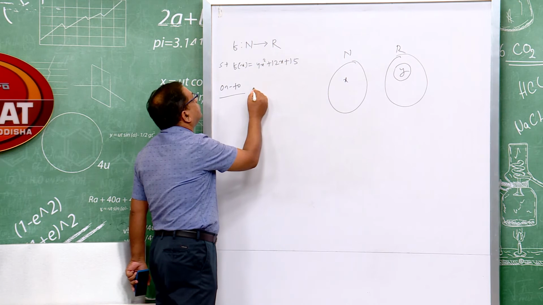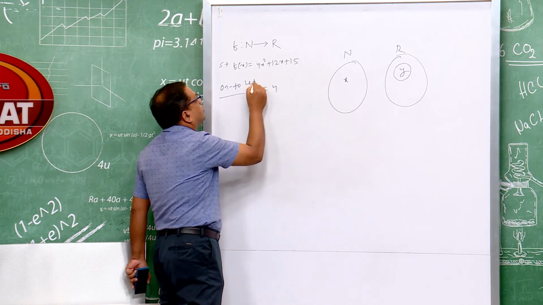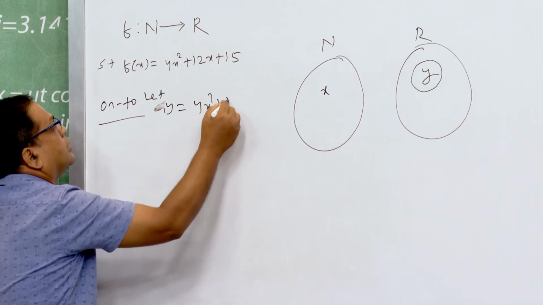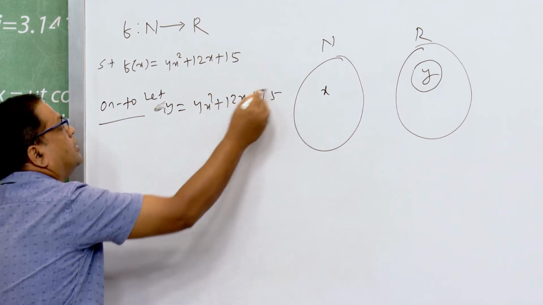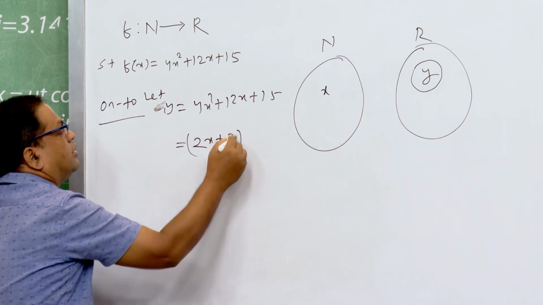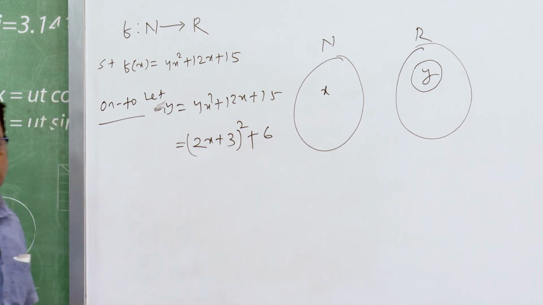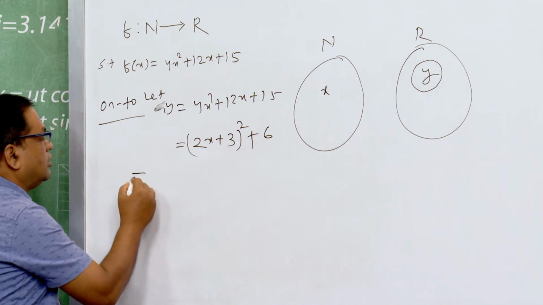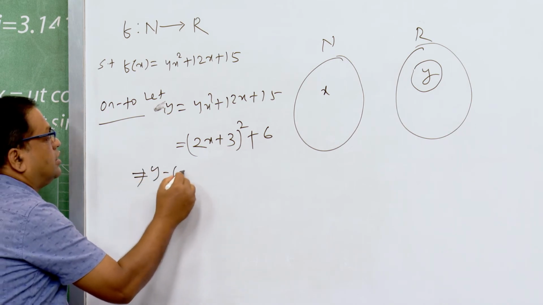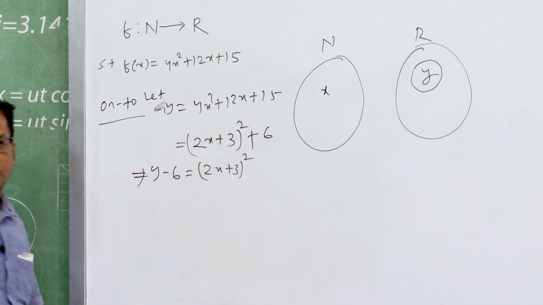So let y = 4x square + 12x + 15, which we can write as (2x + 3) whole square + 6, because (2x + 3) square is 4x square + 12x + 9. So y minus 6 becomes (2x + 3) whole square.